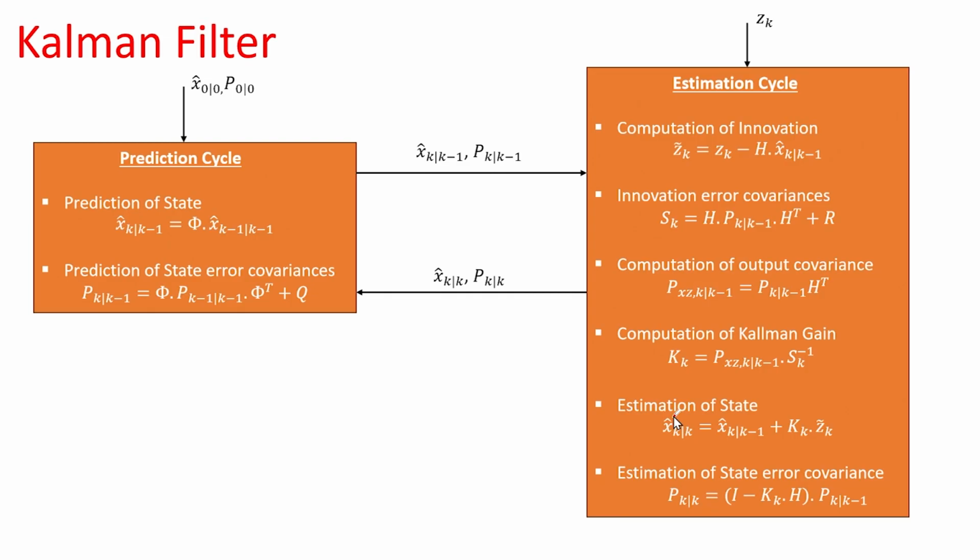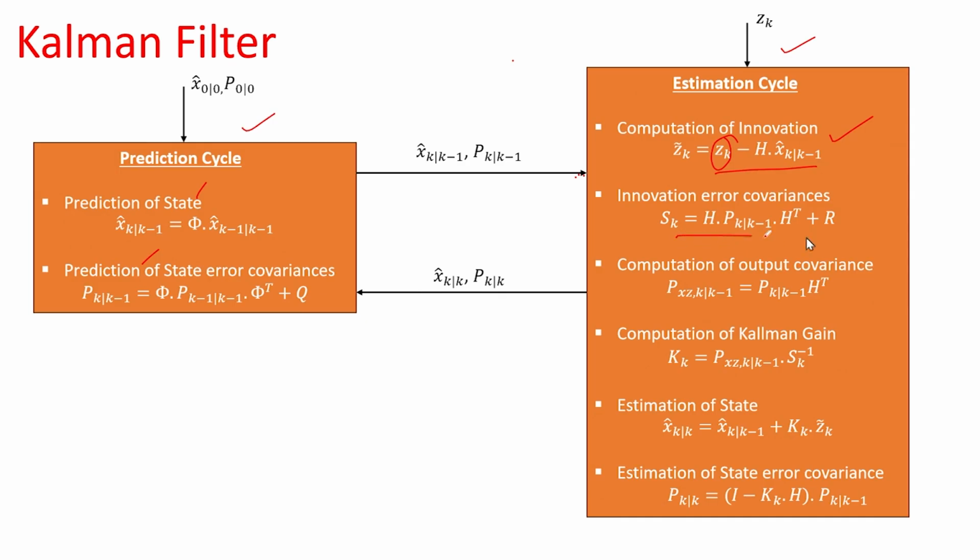So, you have two cycles as I mentioned, your prediction cycle and your estimation cycle. In your prediction cycle, you get your predicted state and predicted state error variance like this. Your predicted states are going here, then your estimation actually starts. First, the measurement is inserted here, you calculate the measured value minus the predicted value, that will give you the innovation.